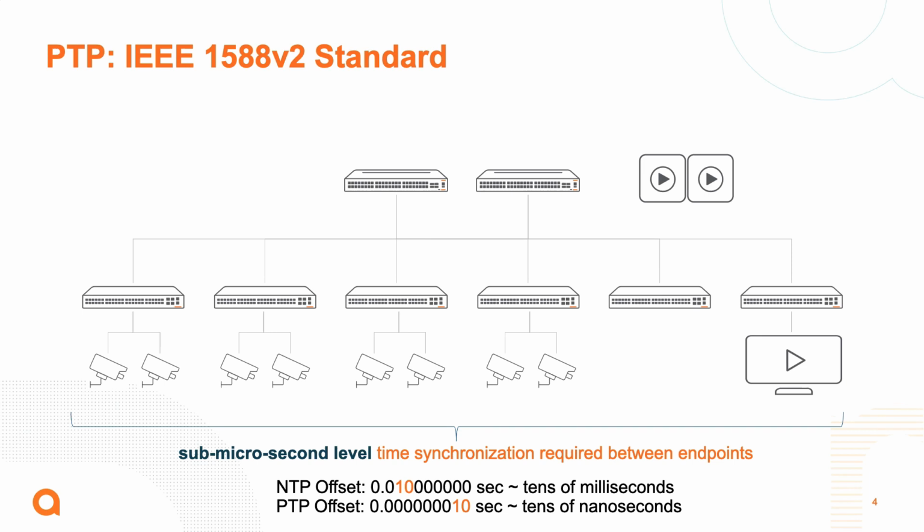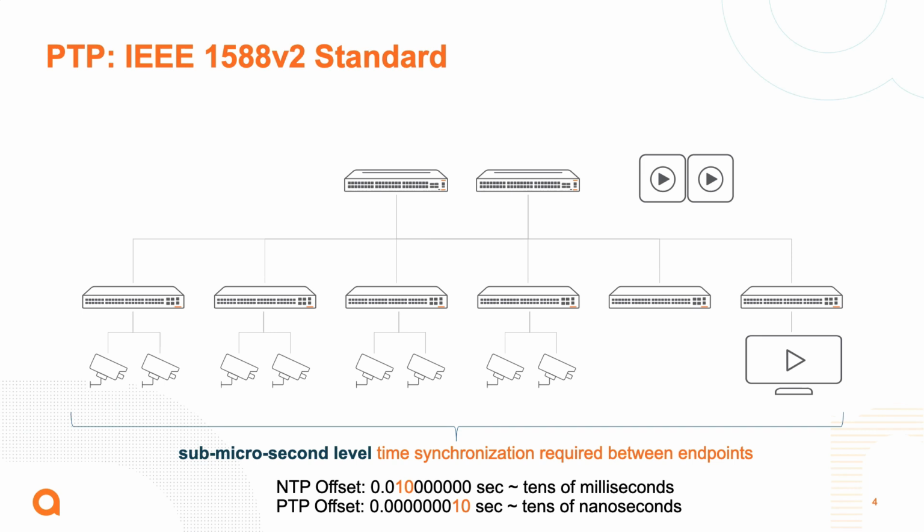If it's configured as a one-step synchronization process, the T1 timestamp, the time at which the sync message was sent or transmitted, is stamped into the sync message itself. However, if you're using a two-step method, then a follow-up message will bring the T1 timestamp.